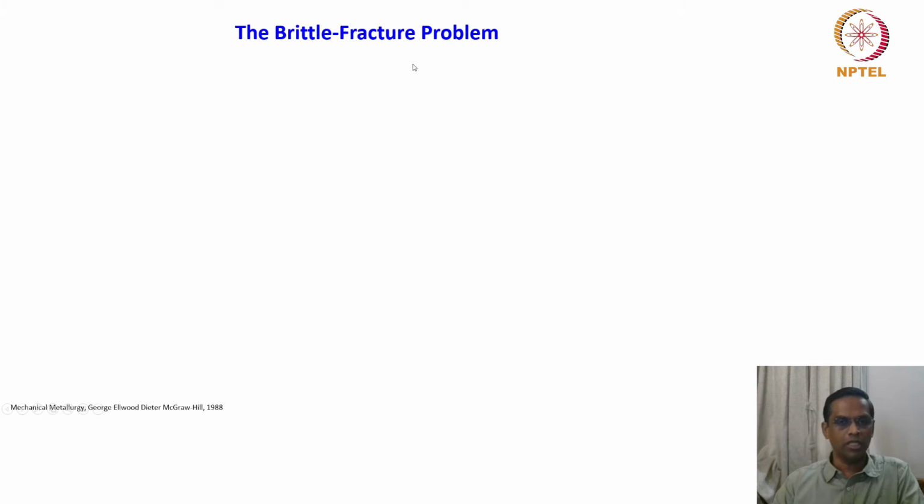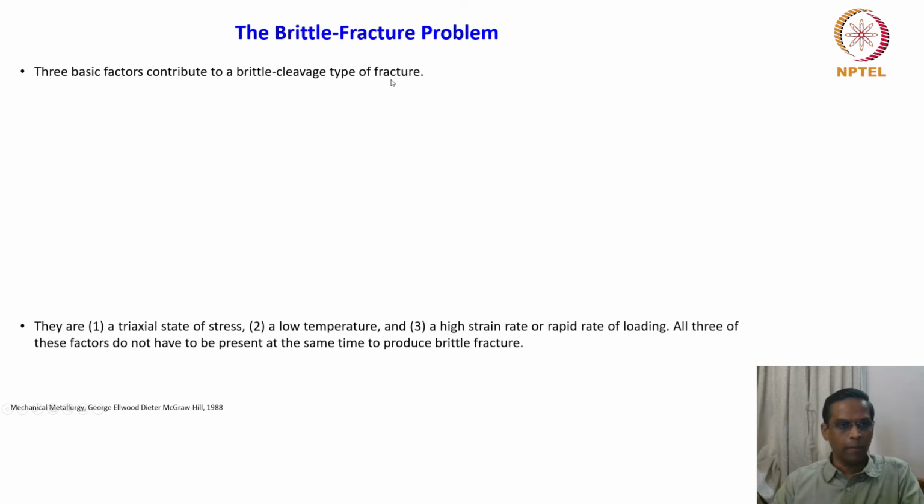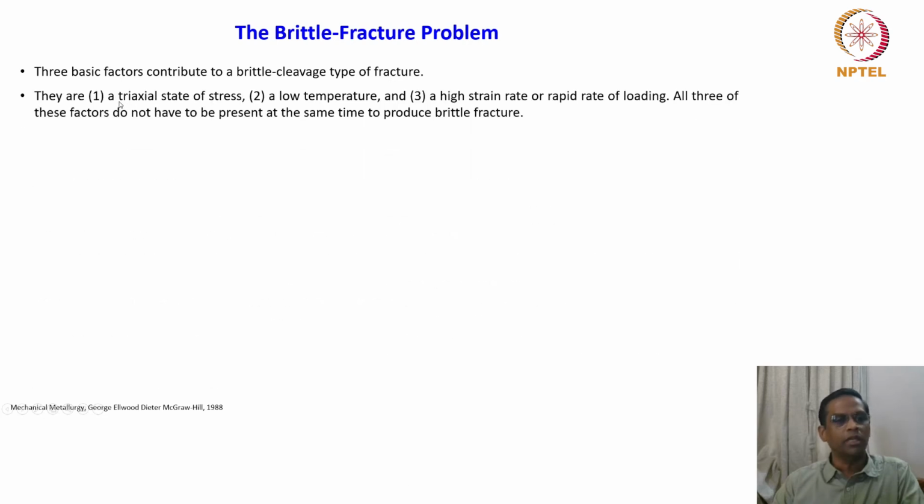What are the important points to note? The impact testing came because of the brittle fracture problem, like I just mentioned, right? Three basic factors contribute to brittle cleavage type of fracture. What are those? They are a triaxial state of stress, a low temperature, and a high strain rate, that is, a rapid rate of loading. All three of these factors do not have to be present at the same time to produce a brittle fracture.